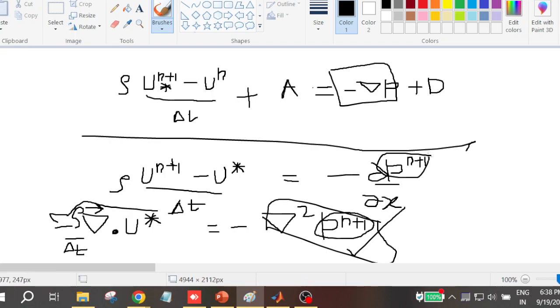What type of time stepping we have used here? You can maybe unmute and say also. Yeah. No, no. Time stepping, not the discretization scheme.